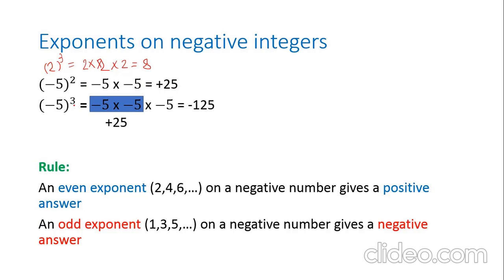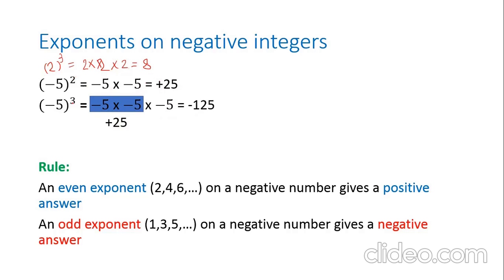If we used 3 instead as a power to minus 5, we get minus 5 multiplied by minus 5 multiplied by minus 5. So we multiply the first two minus 5s together to get 25, and we multiply the result by minus 5 to get minus 125. We notice that here 2 is an even number, so we get a positive answer.